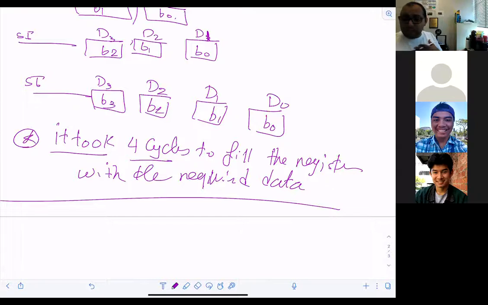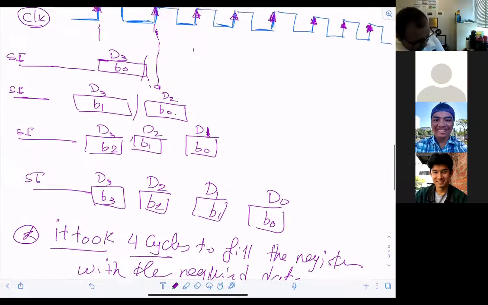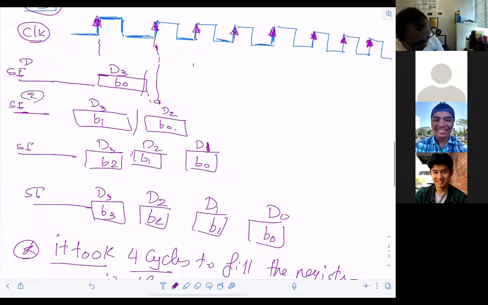Now, if I would like this register to start producing outputs, I'm going to get it from the clock number what? Clock number 5. So this is clock number 1, this is clock number 2, this is clock number 3, this is clock number 4, right?